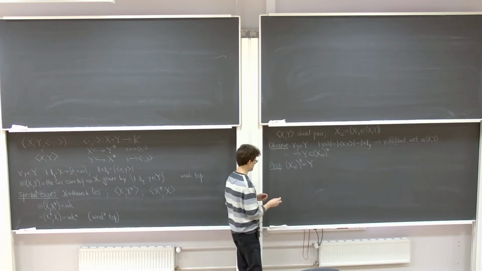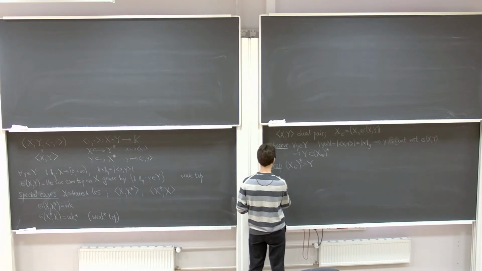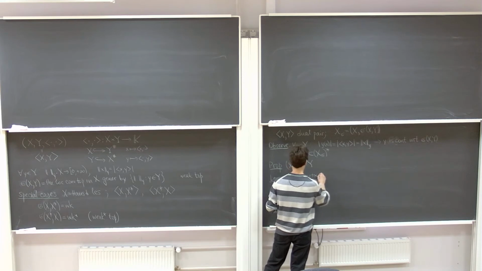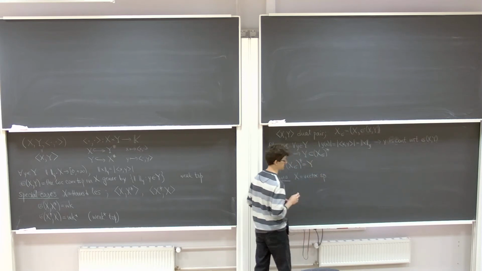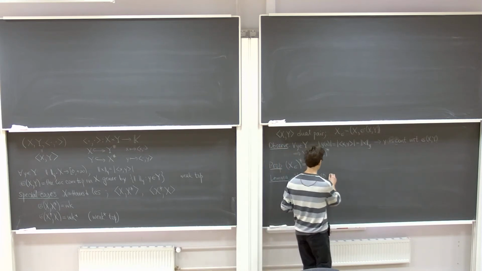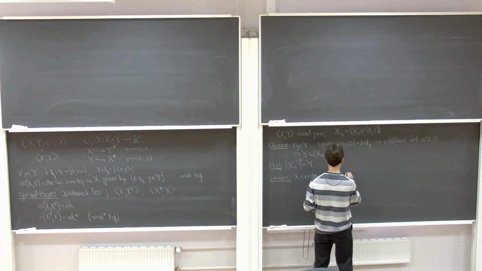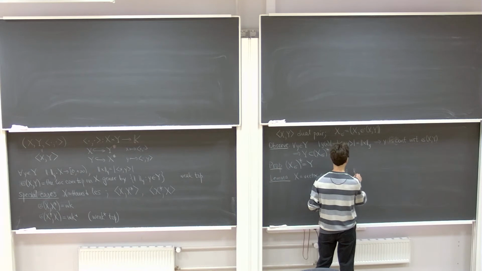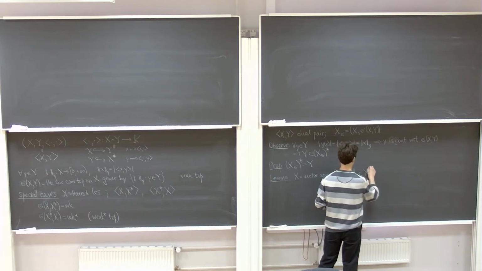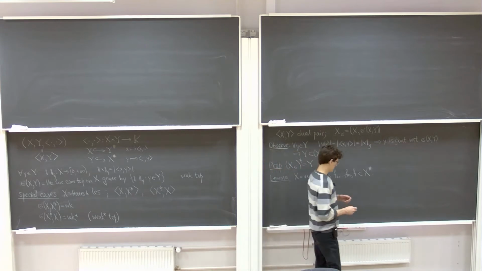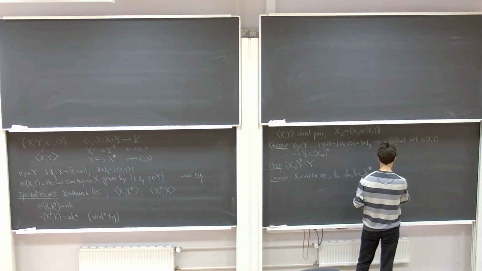To prove this result, we need a simple algebraic lemma. Suppose that X is a vector space, and suppose that we have finitely many linear functionals on X. Let's denote them by F1, ..., Fn, and just F. Then the following conditions are equivalent.